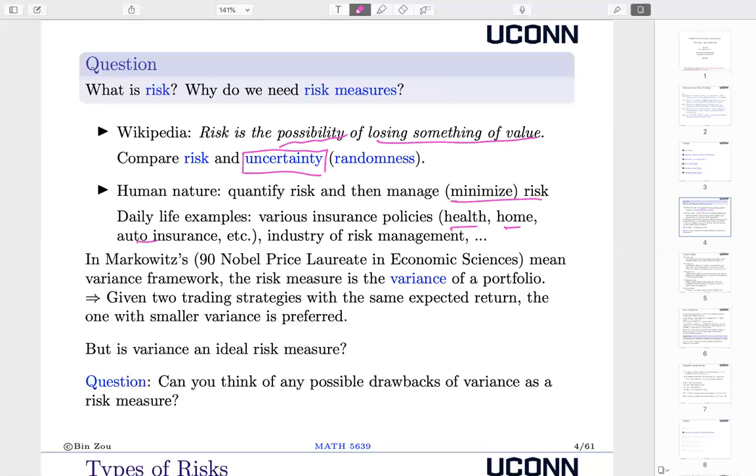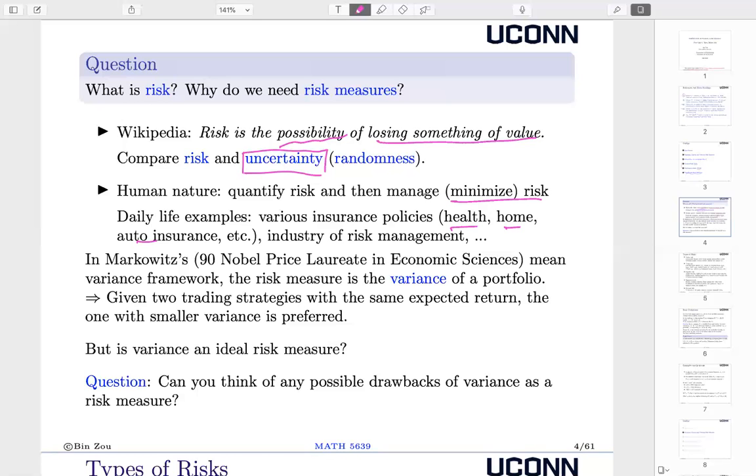So the reason we need risk measures is very straightforward. We like to quantify risk so that we can come up with a solution: either we buy insurance policies, or we avoid doing certain things that result in a big risk.